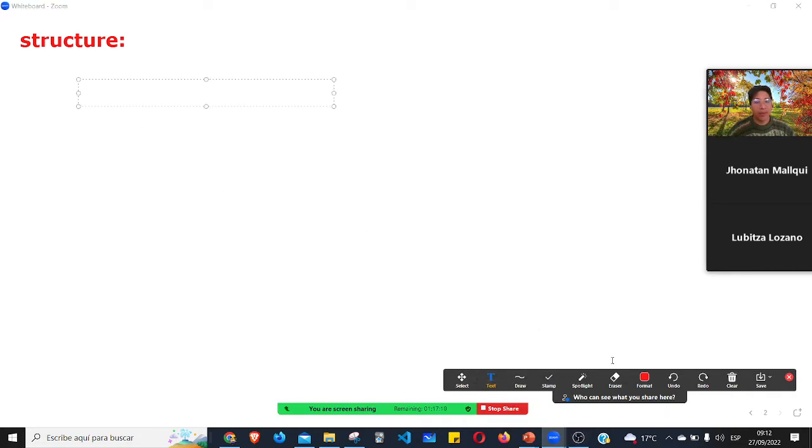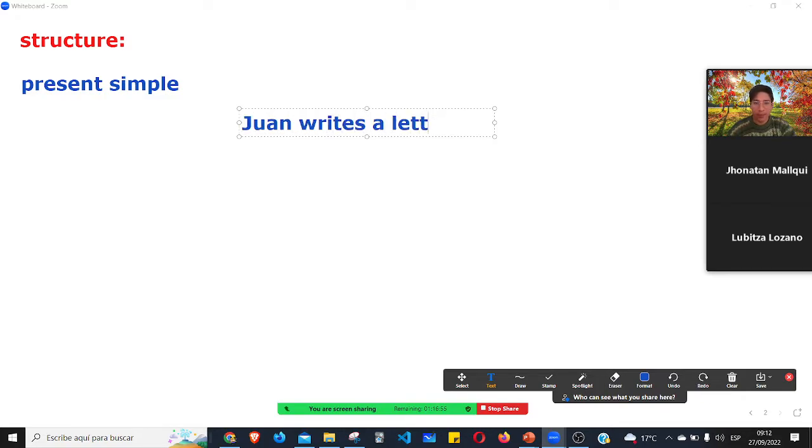And well, the first structure, of course, is the present simple. Okay, in the present simple, let's analyze. In the present simple, I can say something like: Juan writes a letter. Look at this sentence. Is this an active voice sentence, or is this a passive?